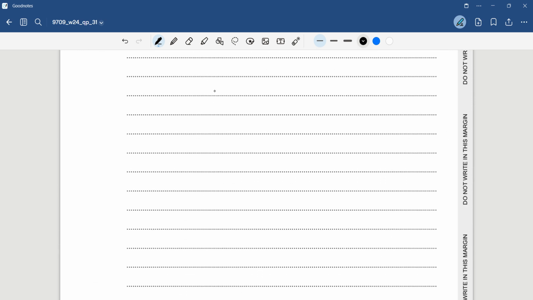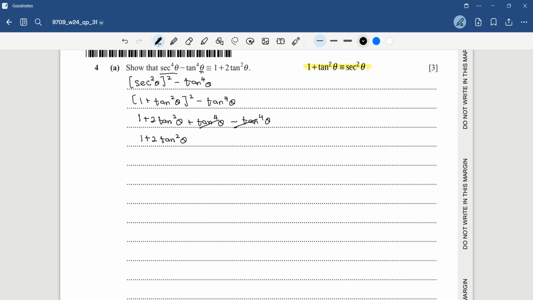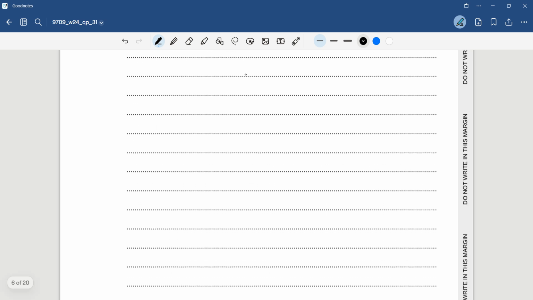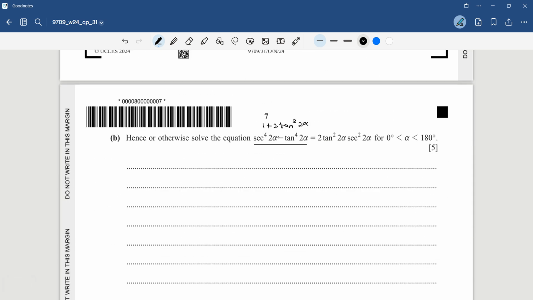Take note, here is theta, and in this question it is 2 alpha, so we change it to 2 alpha. So it's going to be 1 plus 2 tangent square 2 alpha is equivalent to 2 tangent square 2 alpha times secant square, and secant square is 1 plus tangent square 2 alpha.